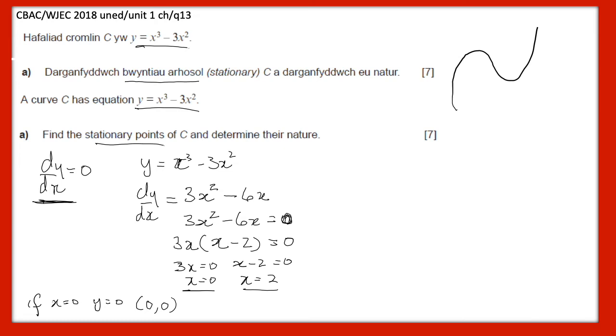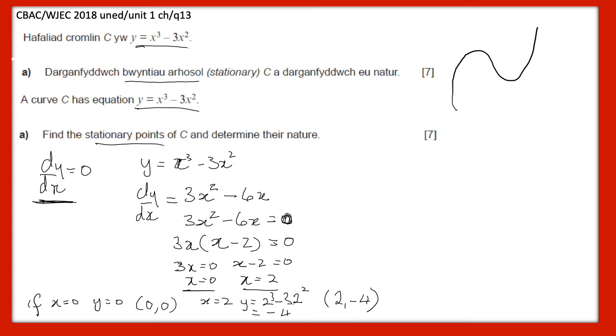And my other one, x equals 2, y is equal to 2 cubed minus 3 times 2 squared. 2 cubed is 8, 2 squared is 4, times 3 is 12, and 8 take away 12 is minus 4. So my other turning point is at 2, minus 4.